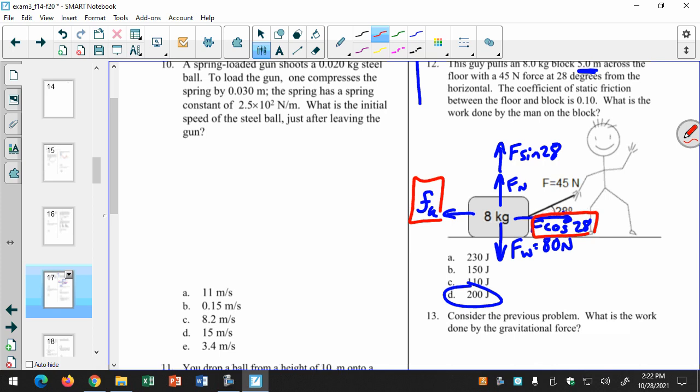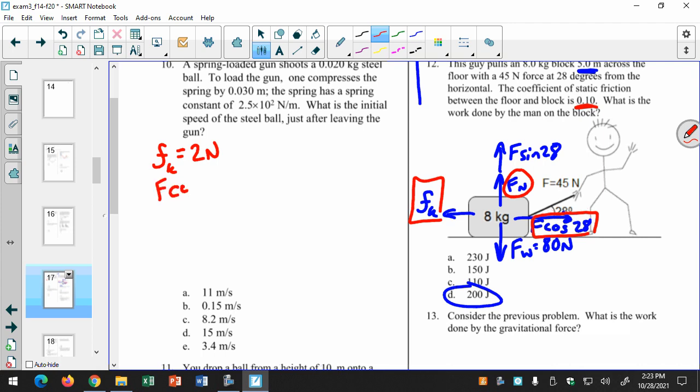Let's just say, for the sake of this problem, that Fk equals 2 newtons. It doesn't, of course. It's more complicated because, as you know, you need to find Fn, and then you need the coefficient of kinetic friction, which is given, and then you need to calculate Fk. But that might come up on your exam. I don't expect it to come up on the quiz just now. Let's just say that Fk is equal to 2 newtons.